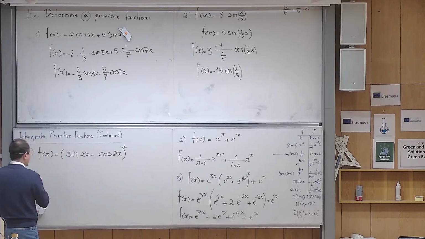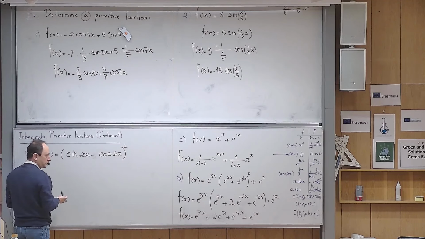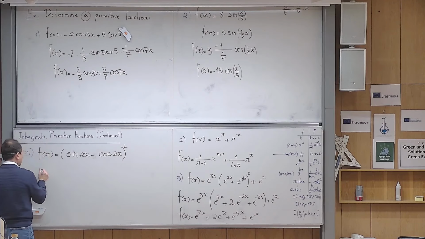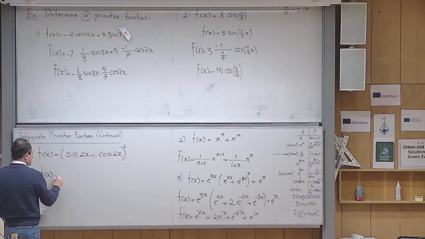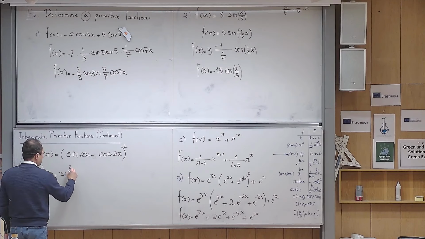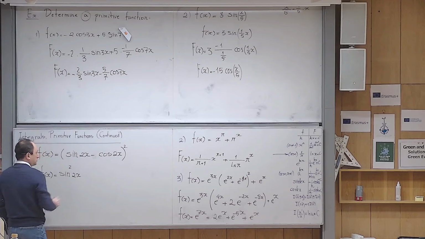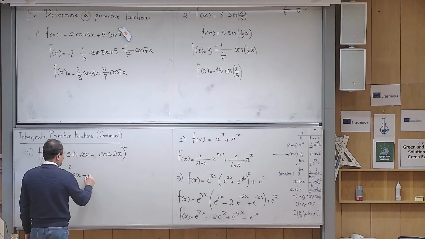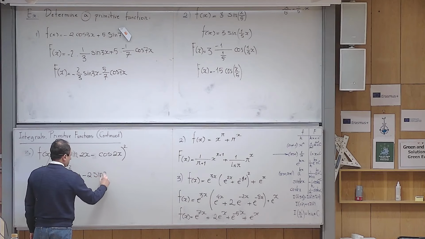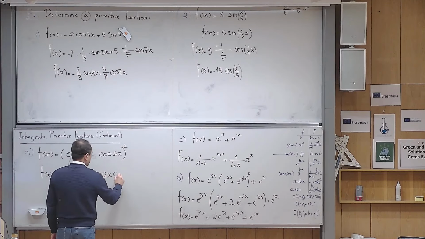So this becomes, because you know that this is not in the table, that's the reason I have to change the form. So f of x becomes the first one squared, minus 2 times the first one times the second one, plus the second one squared.